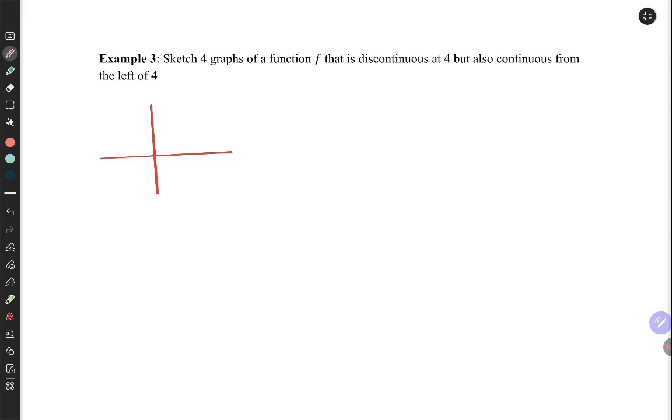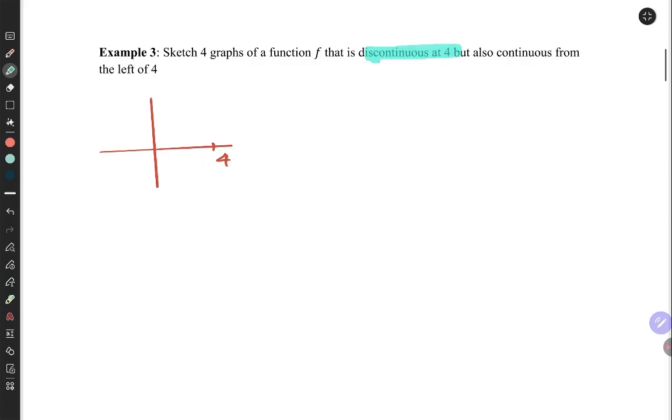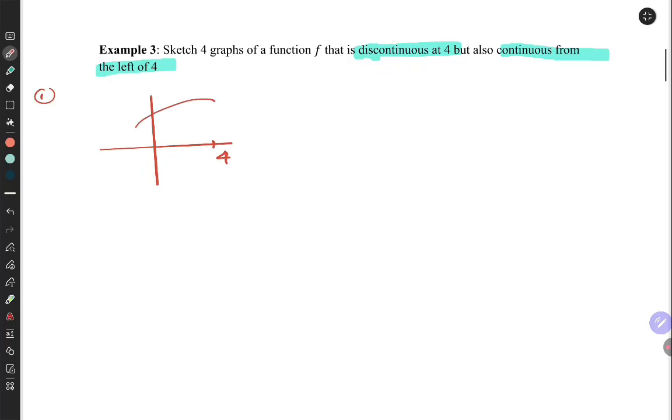It doesn't say anything about the right of 4. So draw a curve that is continuous at 4 from the left. I'm going to draw the first one and explain later.